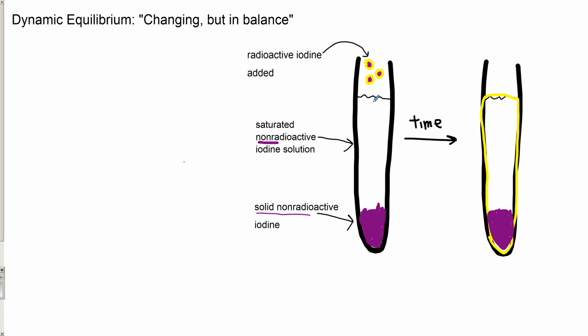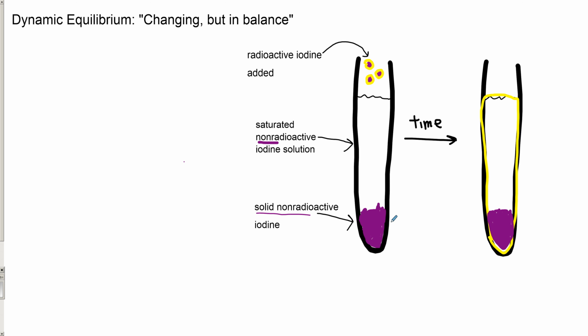Then we add radioactive iodine to this solution. And you're thinking, okay, but hey, Lorenz, it's saturated. It's not going to go anywhere. It'll just sink to the bottom, and then you'll have a clump of radioactive iodine along with the non-radioactive solid iodine.